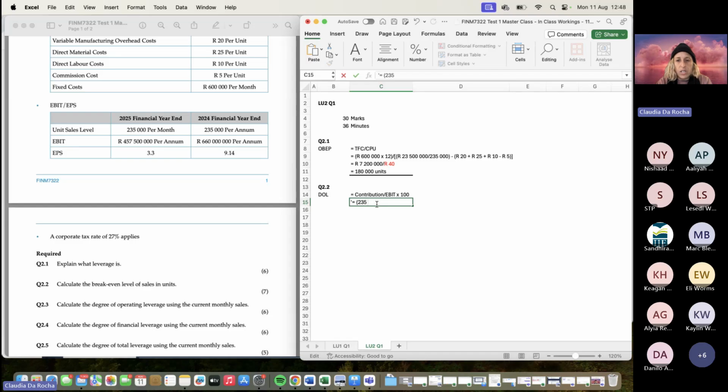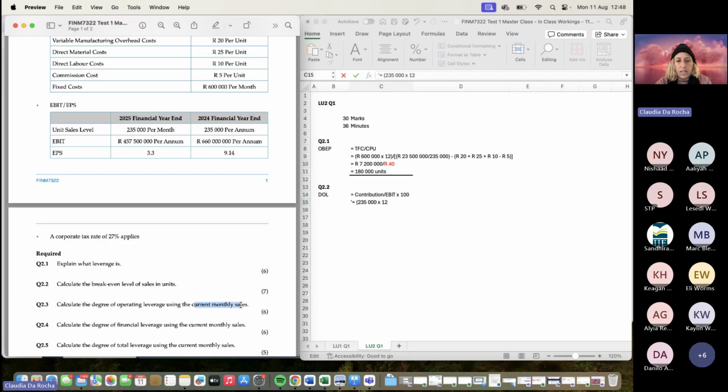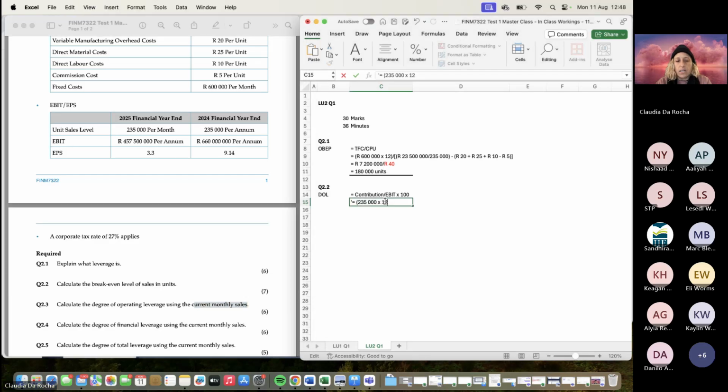We're going to say 20,500 units times 12 because they've asked us for the monthly, times the 40 rand. And then we're going to divide by the EBIT. Luckily for us, they've given us the EBIT. There really isn't anything that we have to calculate, so we just have to include the amount. If we calculate that, we get 1128.